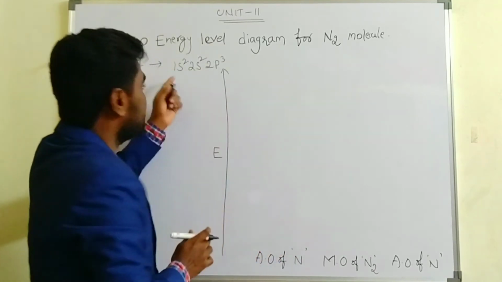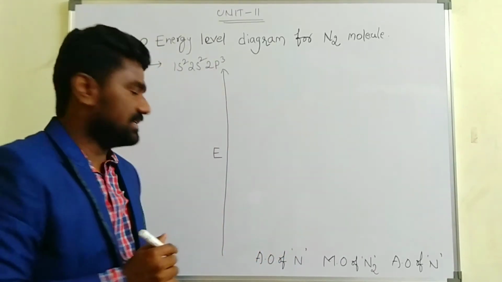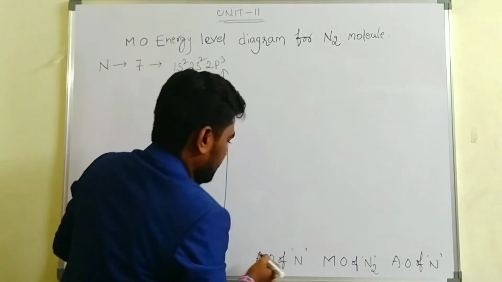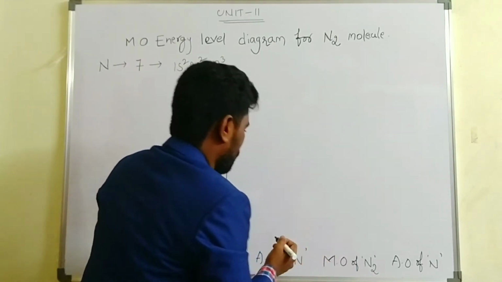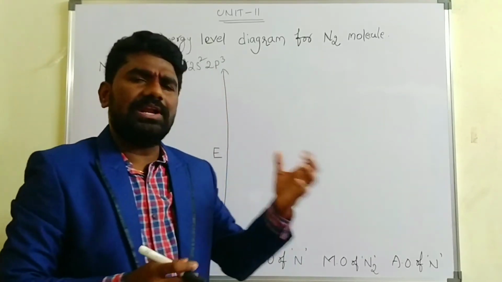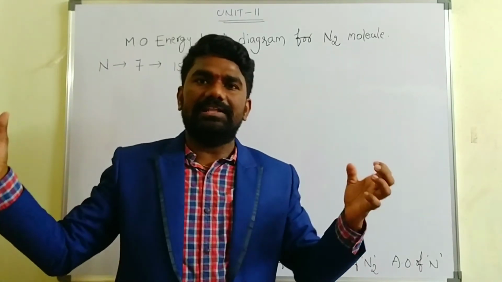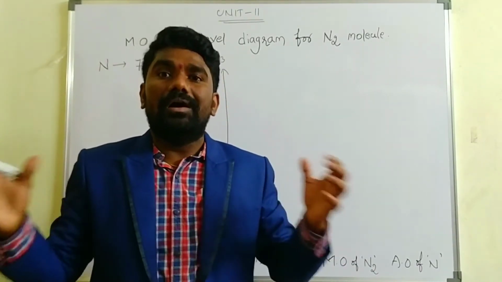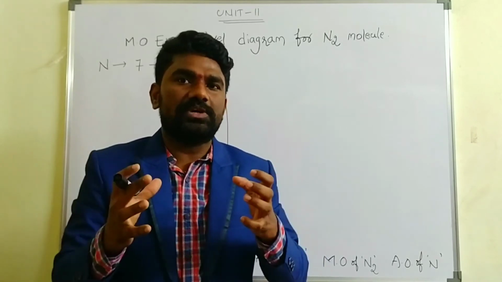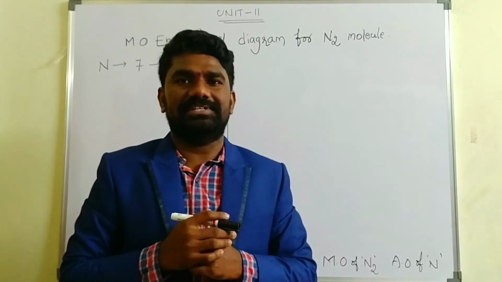We are going to consider the 1s orbital as the lowest atomic orbital, isn't it? Yeah. For that, in this molecular orbital formation, one nitrogen atomic orbital and another nitrogen atomic orbital can come together, overlap and form the molecular orbitals, isn't it?